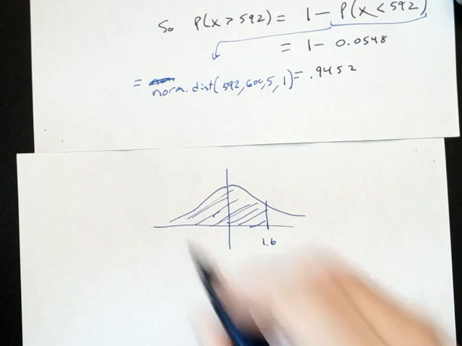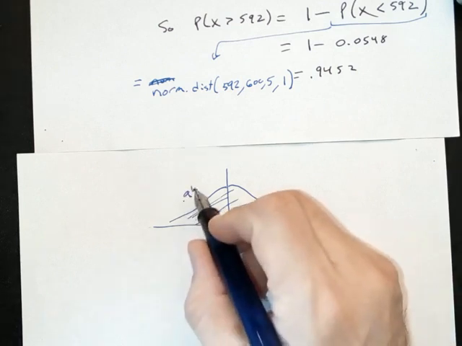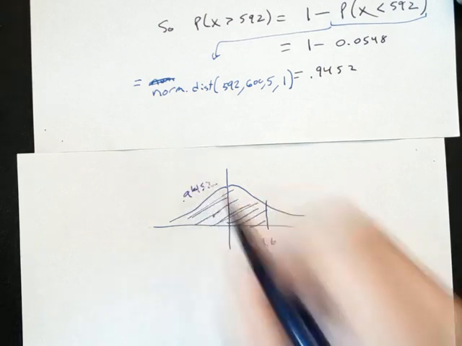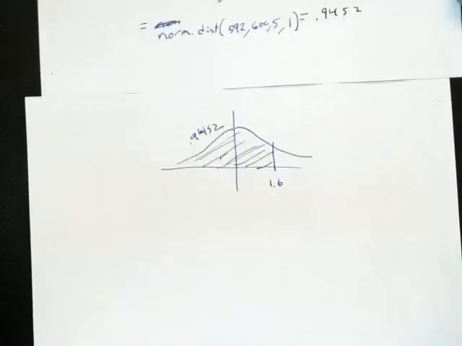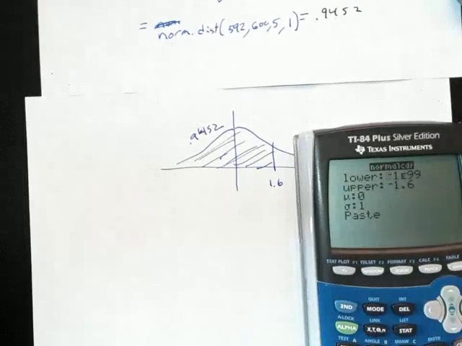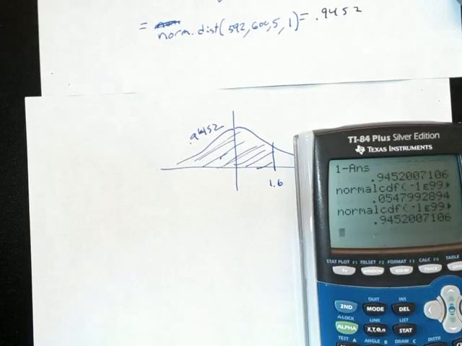So that would be the area 0.9452, I think. Let's check. Well, lo and behold, that would be changing this from negative 1.6 to positive 1.6. Ta-da!